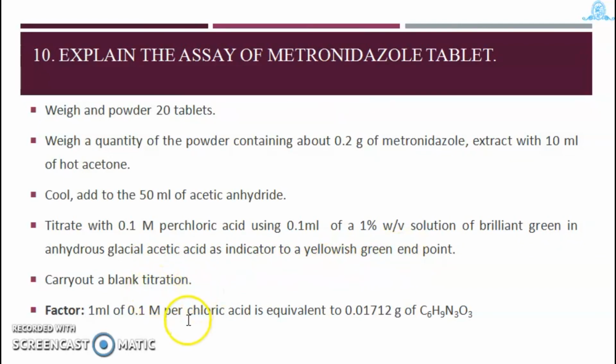Carry out the blank titration. The factor for the calculation is 1 ml of 0.1 molar perchloric acid, which is equivalent to 0.1712 gram of metronidazole.